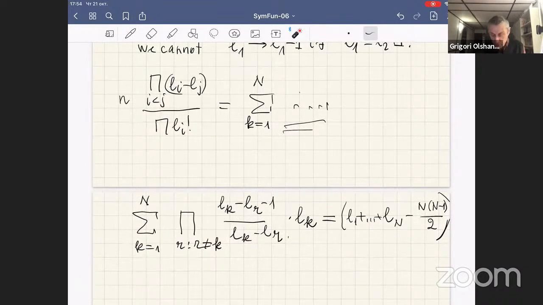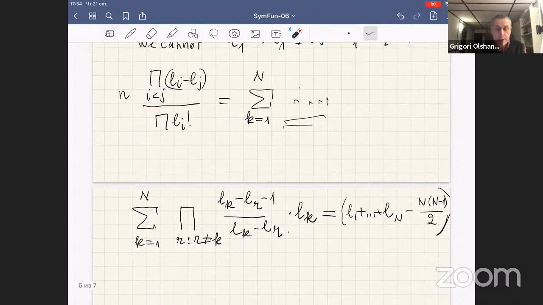So what we get is this identity. I hope it's correct. So the sum and the summand have the form of a product of n minus 1 factors, because k ranges over all indices from 1 to n except k.